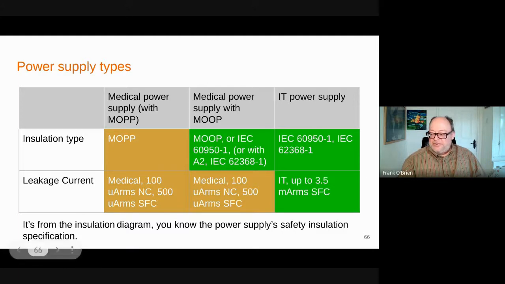So this is a pure medical patient protection power supply, and that's generally what we mean by a medical power supply. I've got my medical leakage I like. I got my patient protection that I like. Means to SIP-SOP, it would be two means. Means to a protective earth, it'd be one.